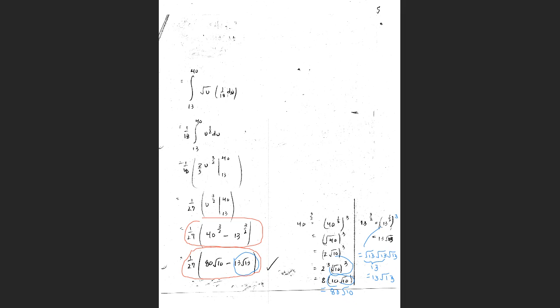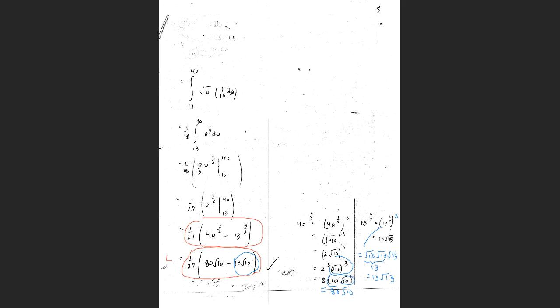Now, one thing I'm going to do, I want to convert. I have my length of the arc equal to 1/27 times 80 root 10 minus 13 root 3. But I'm wondering what that is as a decimal, because we thought that the length of the arc should be around maybe 7 or 8 or 6, something like that.